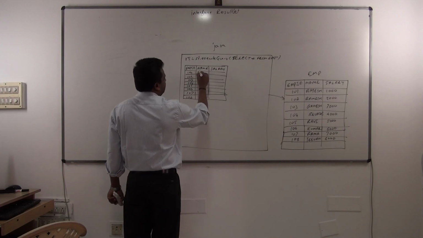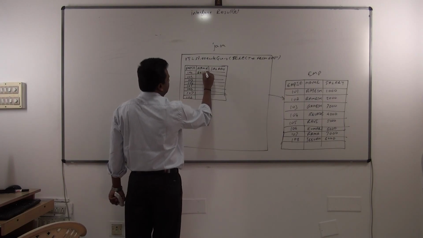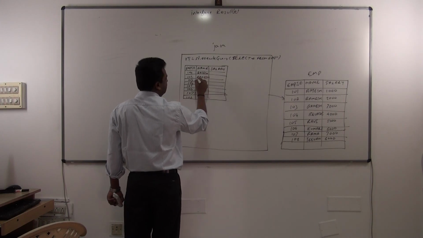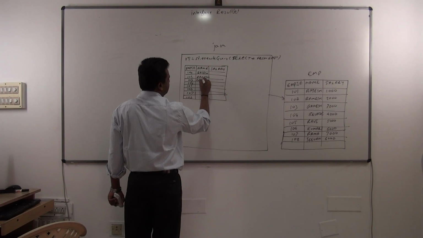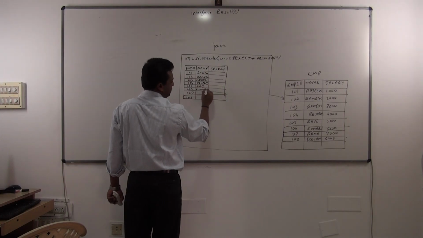So 101, same story: Rajesh, Ramesh, Ganesh, Revati, Ravi Kumar, Rama and Jeevan.